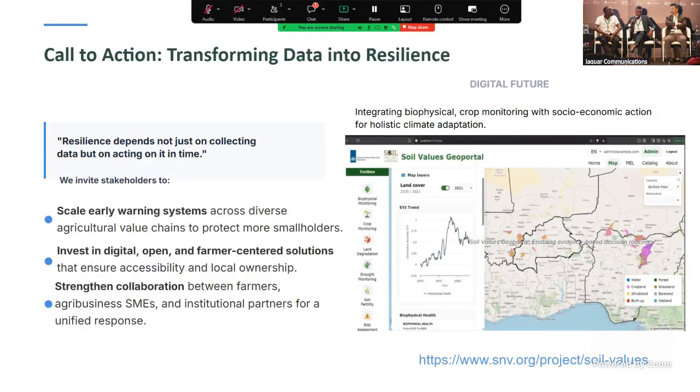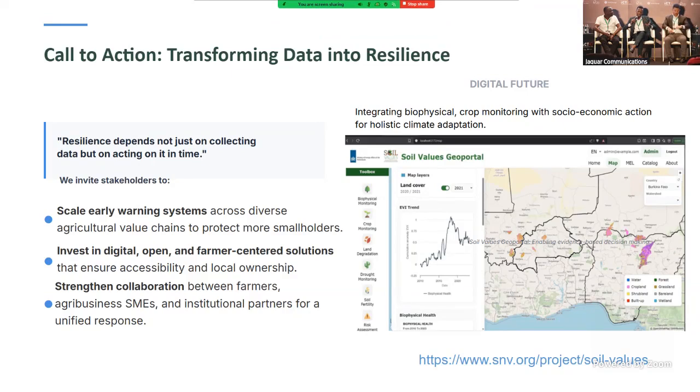And as my colleague has said, SNV works at the intersection of development, climate resilience, and system transformation. One of the things that we identified is that as a farmer, it's very difficult to interpret satellite data or spatial data. If you give a farmer the data we are talking about in this conference, the AI, it's very difficult for them to understand.